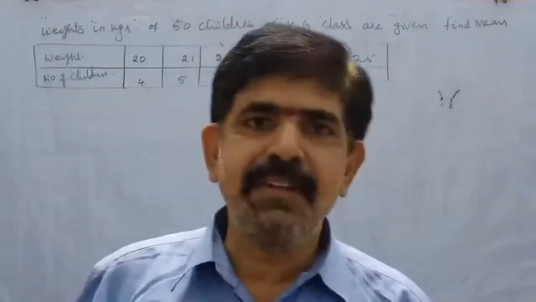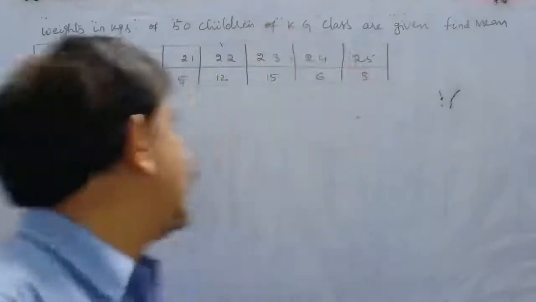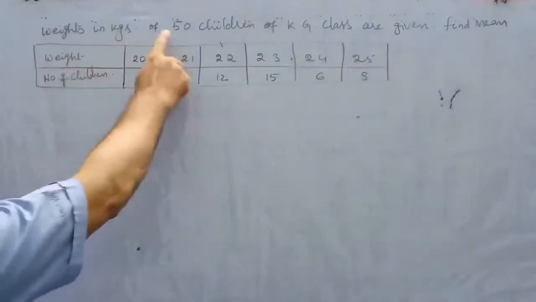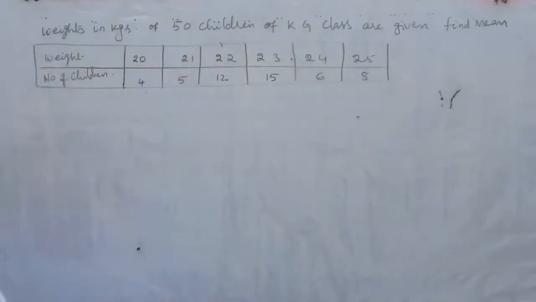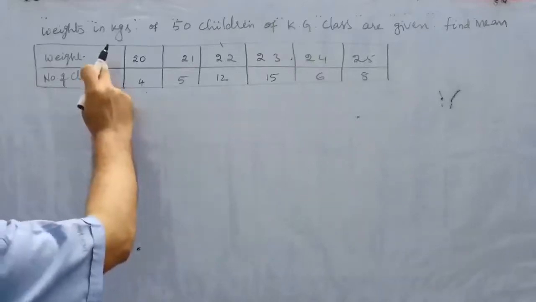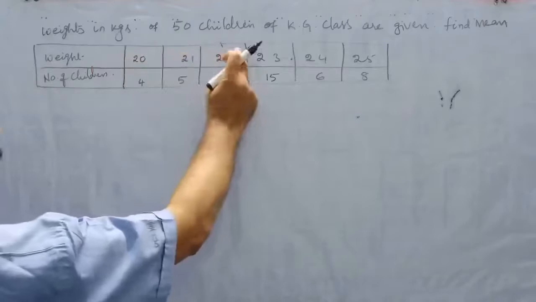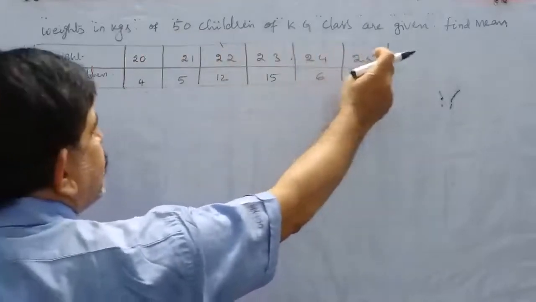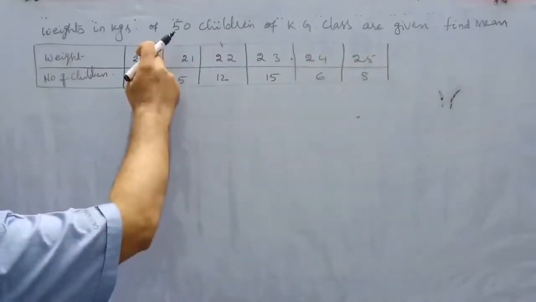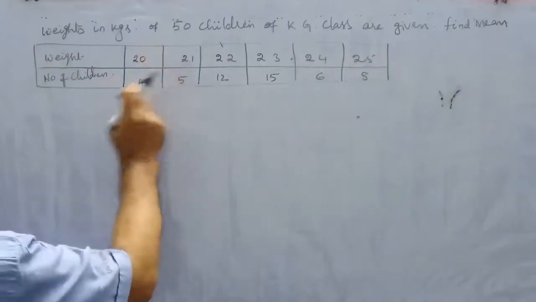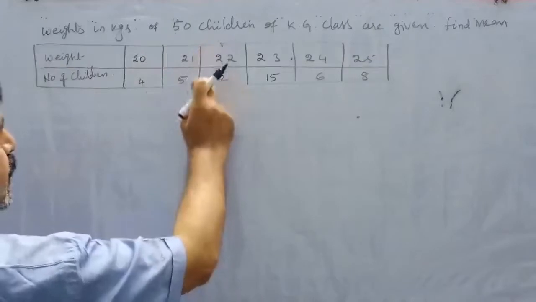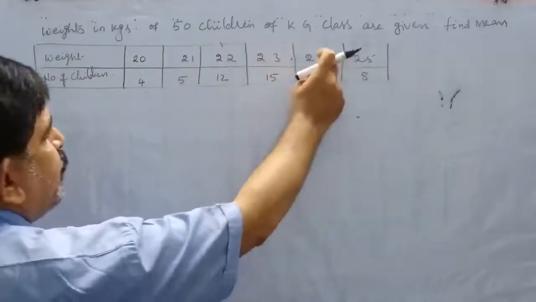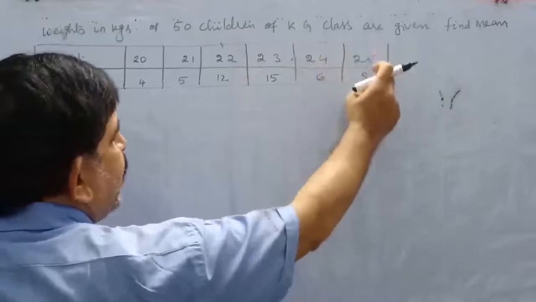Based on the weighted arithmetic mean, see one example. The weights in kgs of 50 children in a class are given below. The weights are 20, 21, 22, 23, 24, 25 kgs. There are 4 children with 20 kgs, 5 children with 21 kgs, 12 with 22 kgs, 15 with 23 kgs, 6 with 24 kgs, and 8 with 25 kgs.